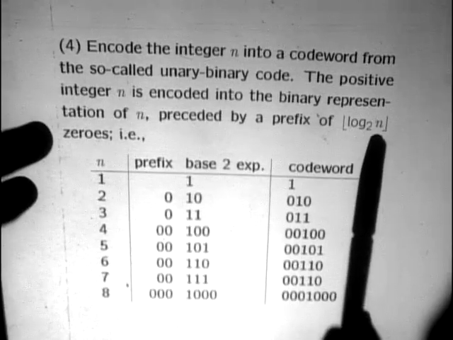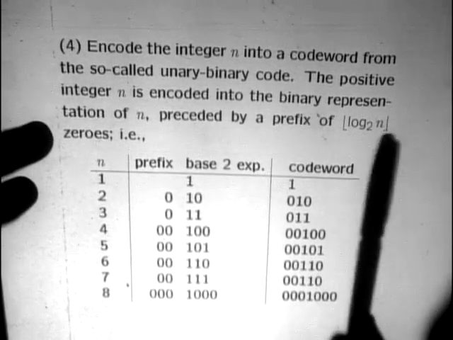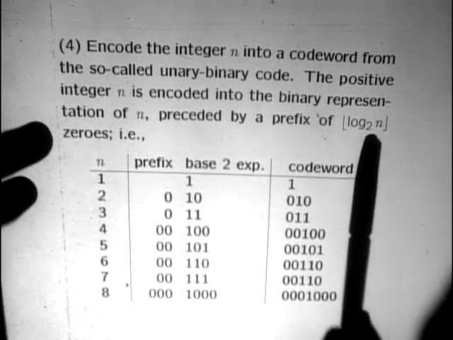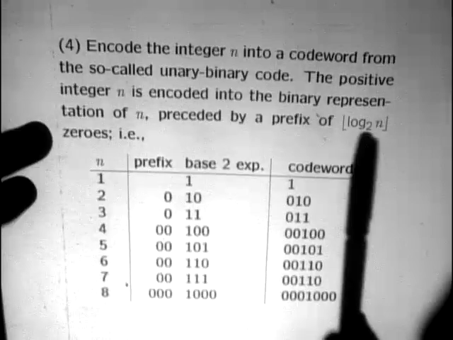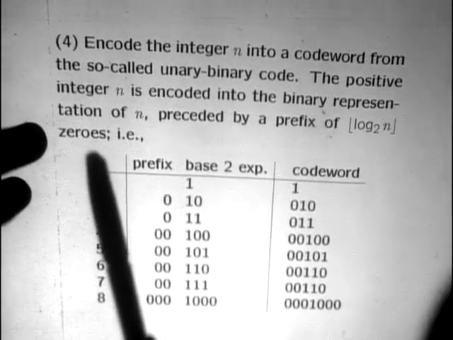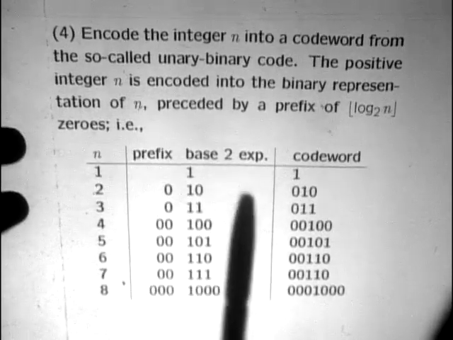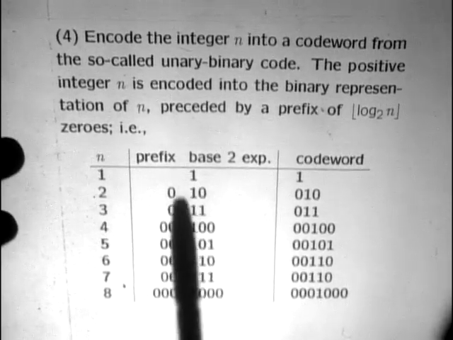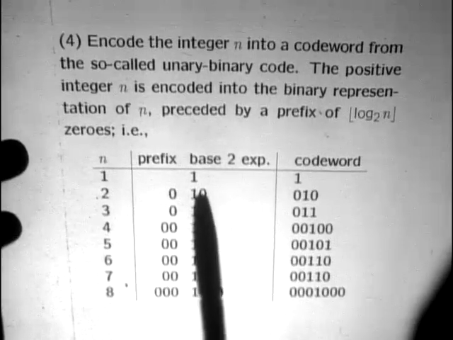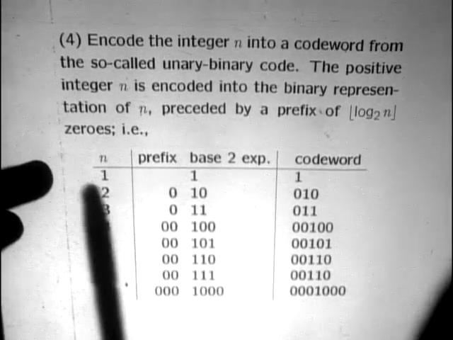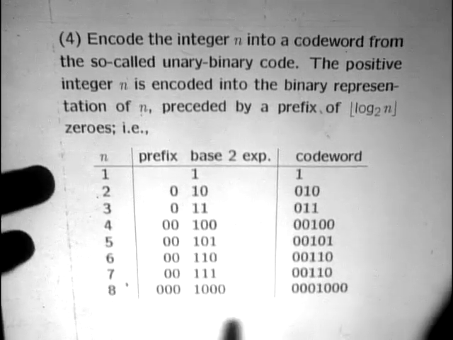Now what's the integer part of log to the base 2 of 1? Log to the base 2 of 1 is 0, so there's a prefix of 0 zeros. So 0 zeros is nothing, so the prefix is nothing. The expansion of 1 in a base 2 expansion or in any other expansion is 1. So the code word for 1 is 1.